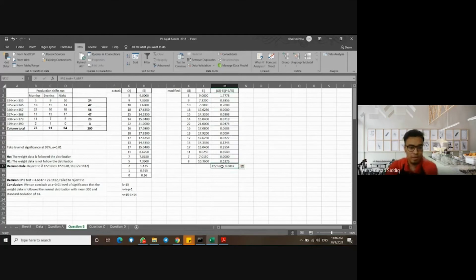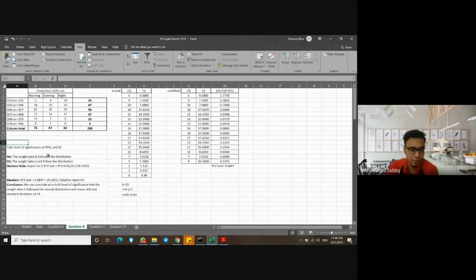Then after that, we need to do the goodness of fit test. The goodness of fit test is a statistical hypothesis test to see how well sample data fit a distribution from a population with a normal distribution given. This test shows if our sample data represents the data we would expect to find in the actual population.